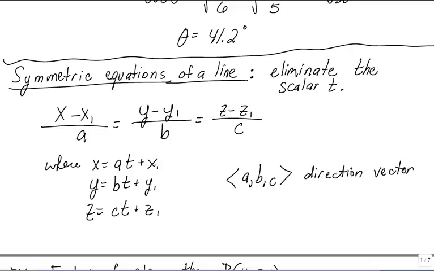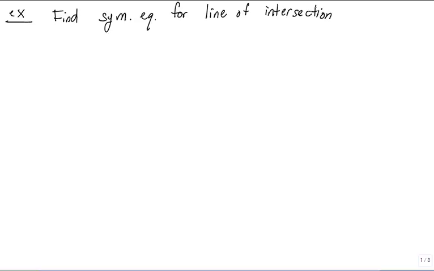So let's look at another example. Find the symmetric equations for the line of intersection of the above two planes that we just finished talking about, where we got the angle between them.